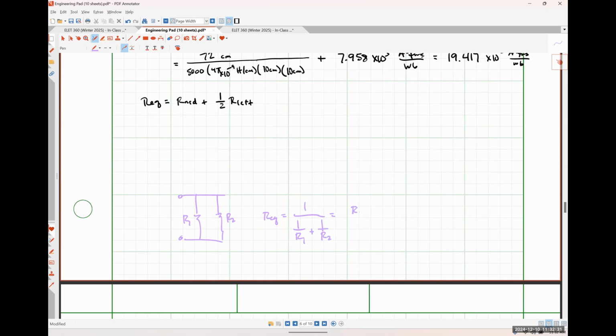And I think you guys should know that that's the same as R1 times R2 over R1 plus R2, right? If those are equal to each other, then that's going to look like R1 squared over twice R1, which is just 1/2 times R1. So whenever we have two identical things in parallel, we just cut it in half. That's my favorite one.